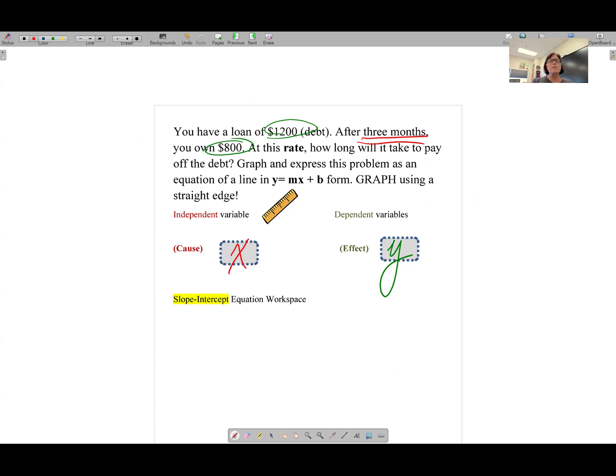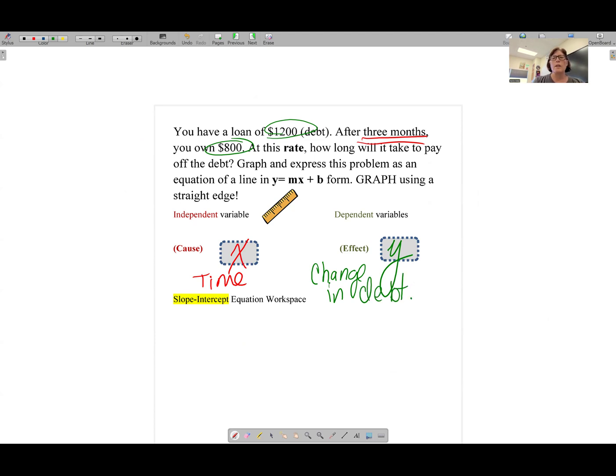So the independent variable is the x, dependent variable is the y. Think cause and effect. In this case, our cause is passage of time, and the effect is the change in debt.